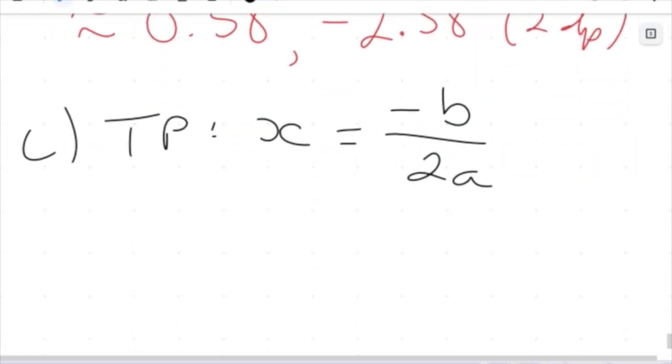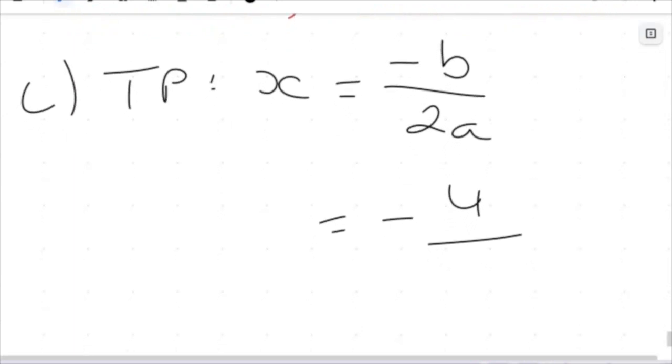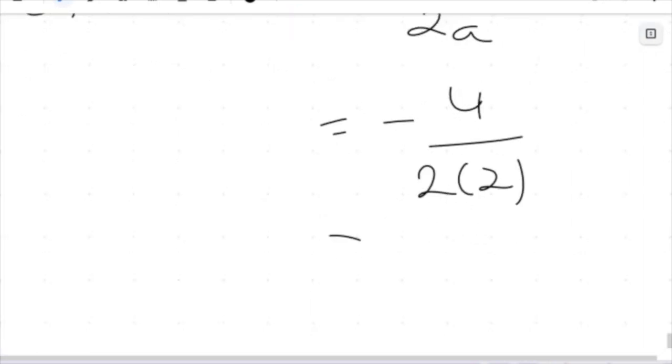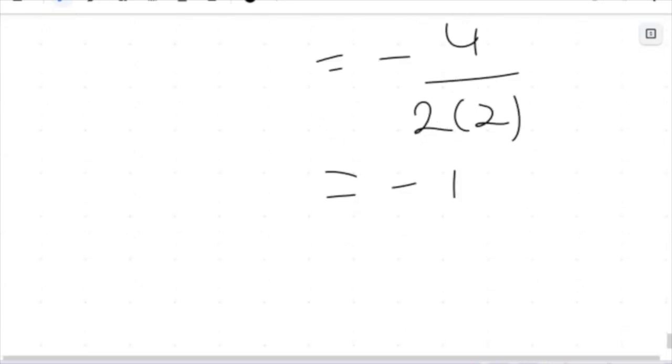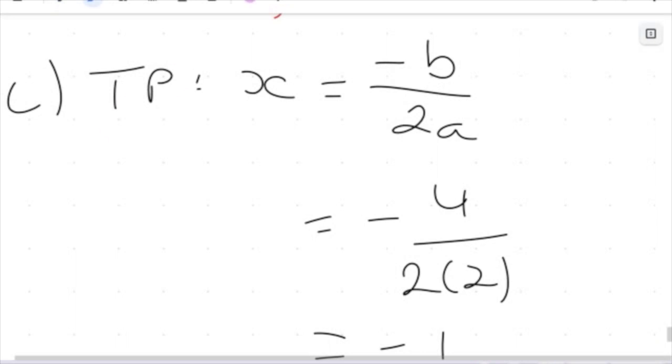Now substituting in, my b is going to be 4, so I have minus 4 over, now 2 times a, my a is 2, so it's 2 times 2, and I get negative 4 over 4, which gives me negative 1. Now, I have the x coordinate of my turning point.